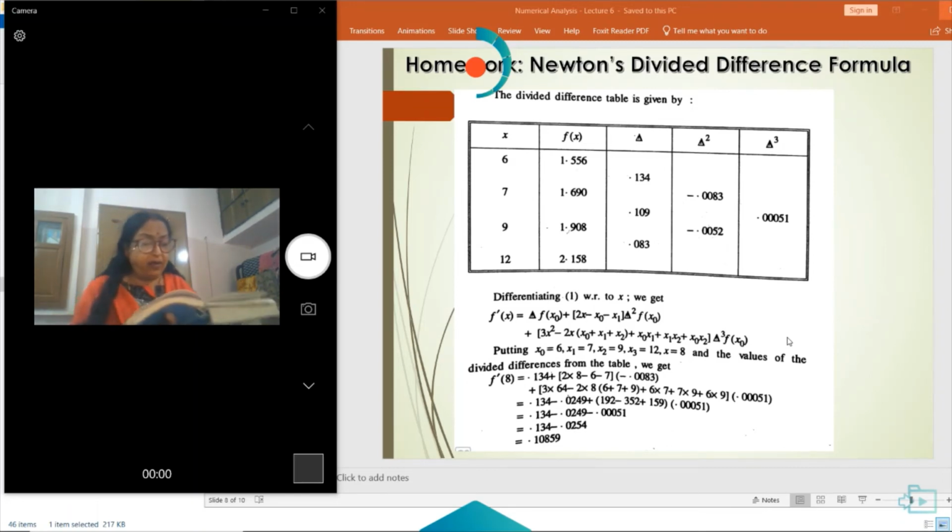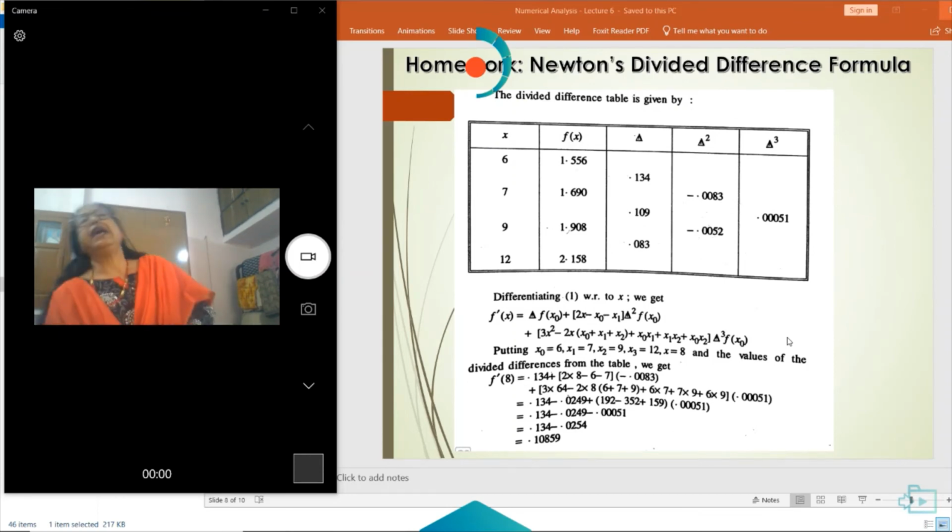Then getting the value of f(x) and differentiating it with respect to x the first time, we get f dash x, and differentiating with respect to x a second time we get f double dash x, and differentiating f(x) a third time we will get f triple dash x.